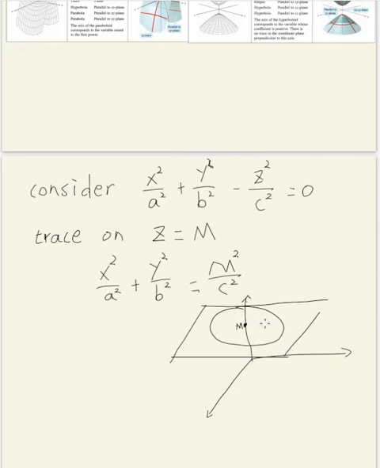So what we have here is when m decreases, we get smaller and smaller ellipses, and when m becomes 0, we have a point. Okay, so we get stuff like this.